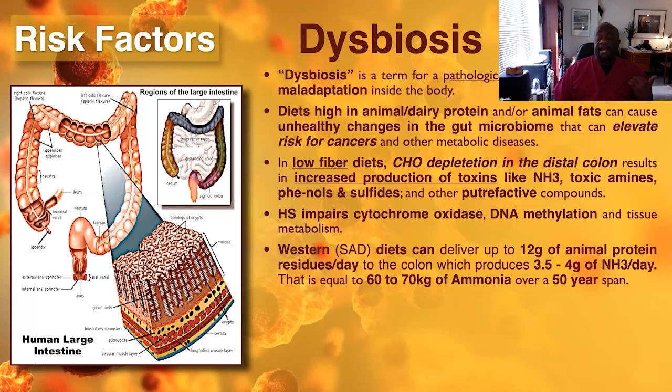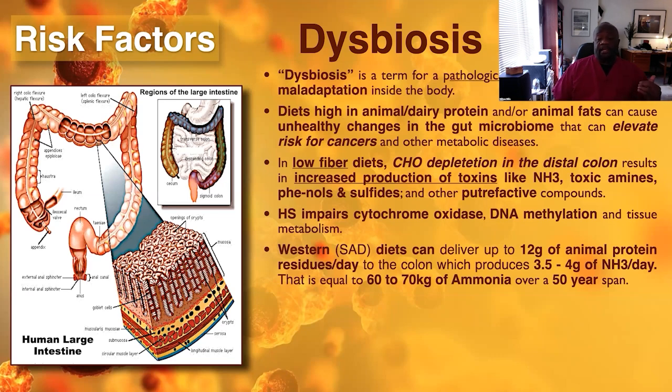Western diets can actually deliver up to 12 grams of animal protein residues per day to the colon, which can end up causing as much as 4 grams of ammonia to be produced in the colon every day, which is one of the reasons that the stools from people who eat meat smell so foul.